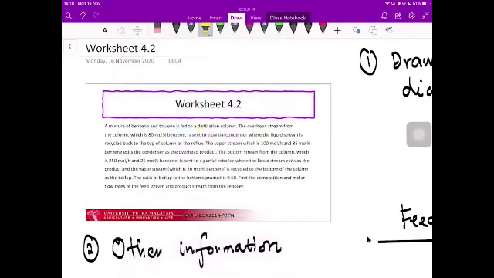We fed the mixture to a distillation column, and the overhead stream from the column has 80 mole% benzene, and it is sent to the partial condenser where the liquid stream is recycled back to the top of the column as the reflux. So we have the partial condenser, and this is where the recycled stream appears.